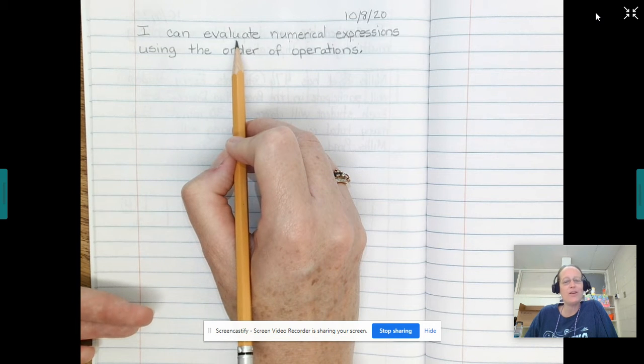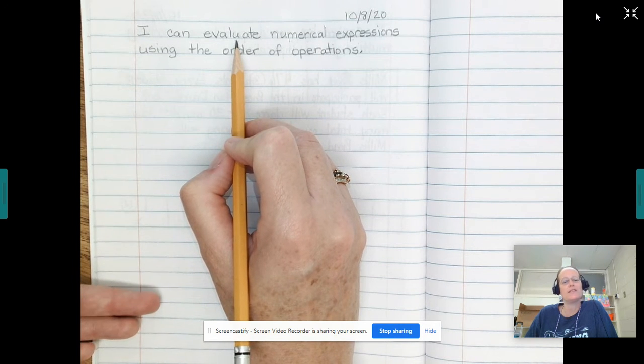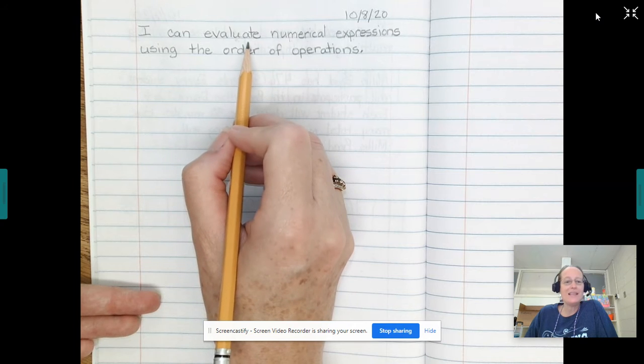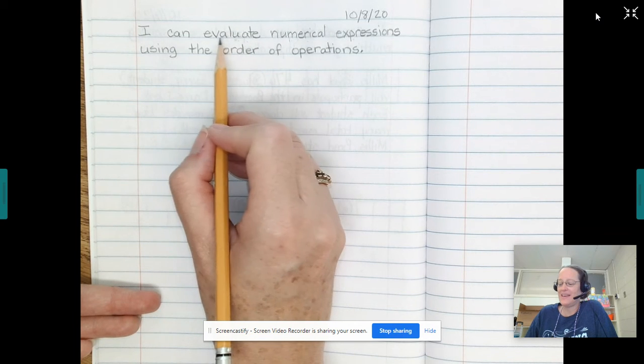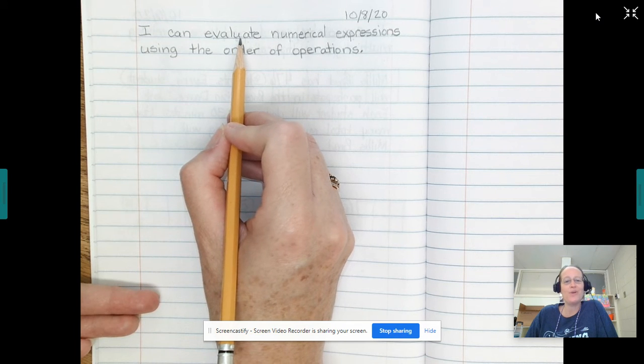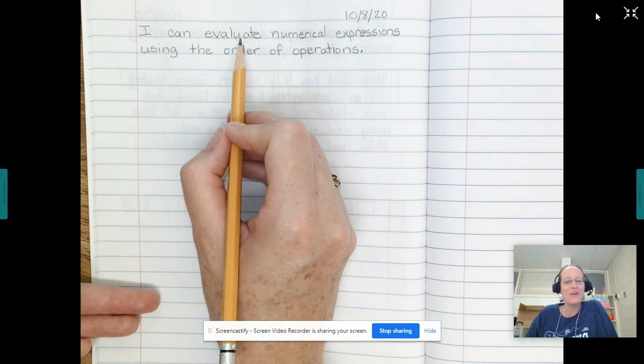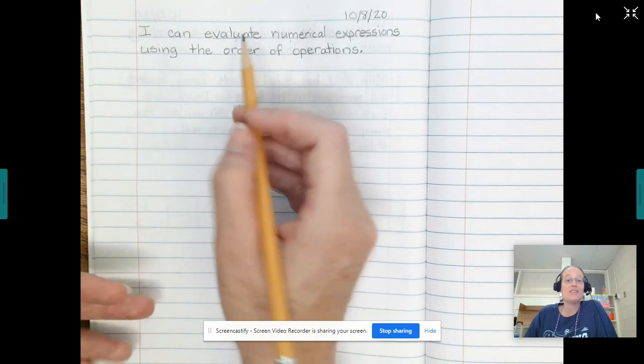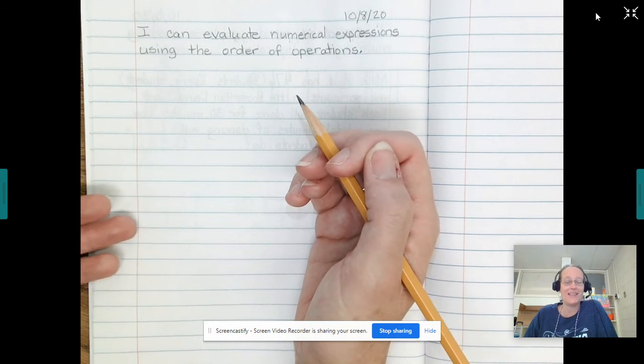I can evaluate numerical expressions. What that means is we can find, look at that word right there, value. We can find the value of numerical expressions. We can solve number sentences.